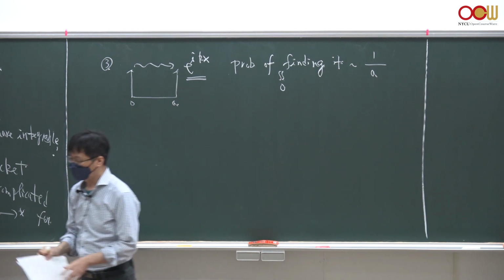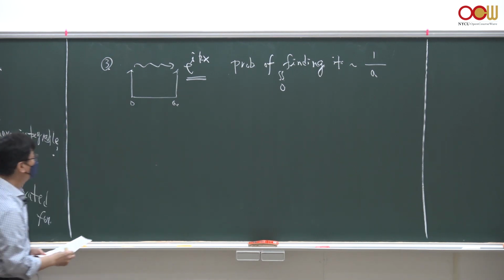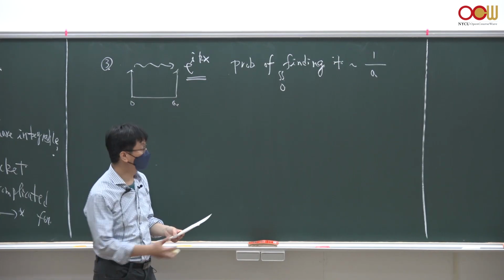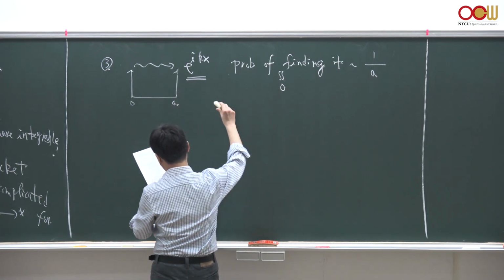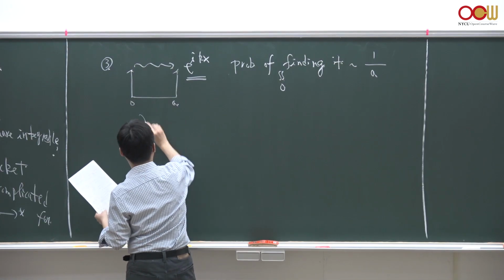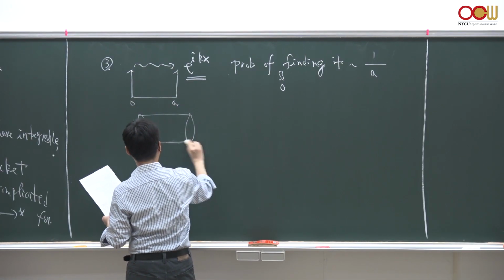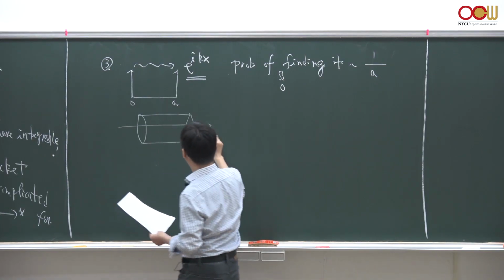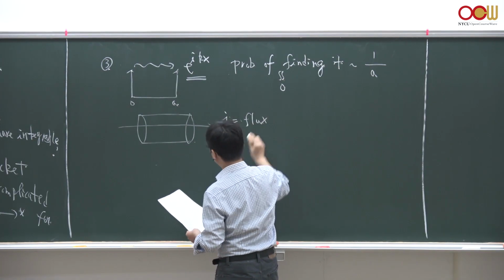So this is actually the wrong question to ask, because the particle is not confined in space. But we know very well that when the particle goes through any volume, surely there is a flux.